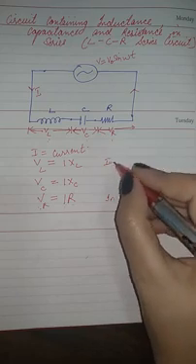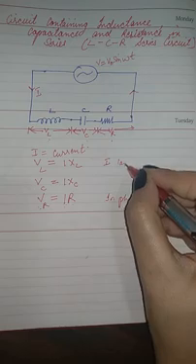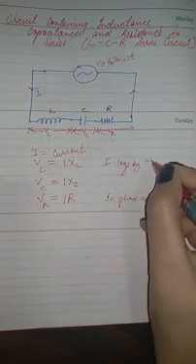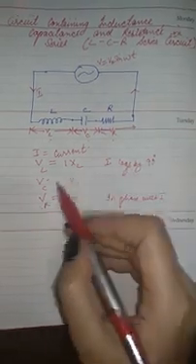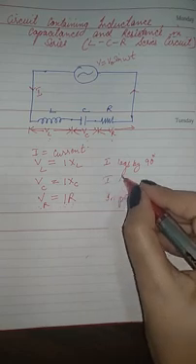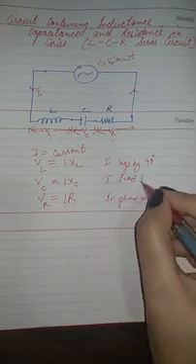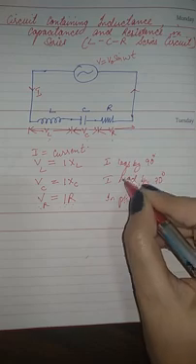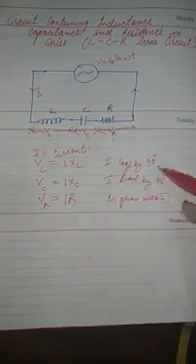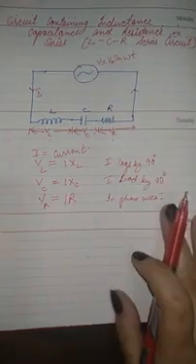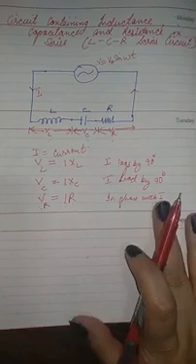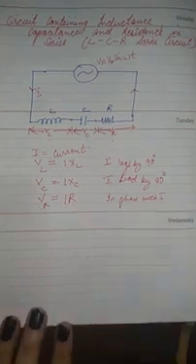So over here I lags by 90 degrees, and in a VC circuit I will lead by 90 degrees. Okay, so these three things you need to remember. These are from the previous derivations. So according to this we can draw the diagram.